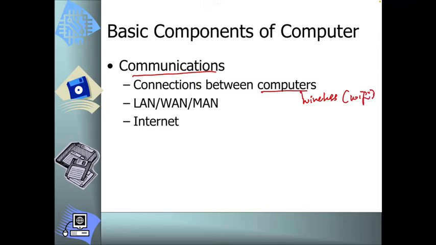We also can have wired. Before this, we could do communication through infrared. We also can have connection between computers through Bluetooth. So these are examples of connection between computers.